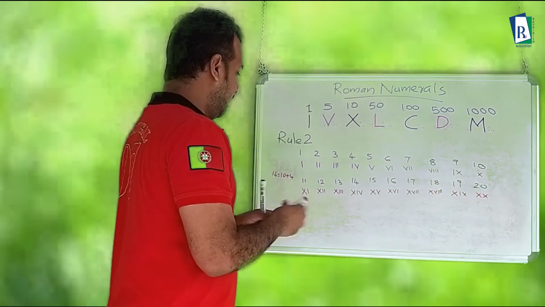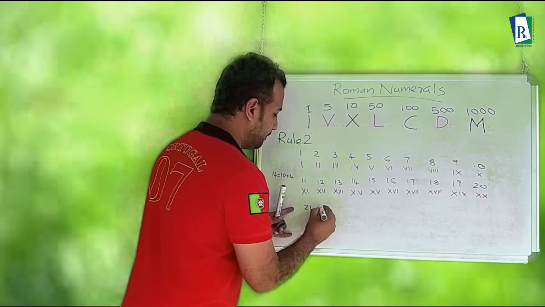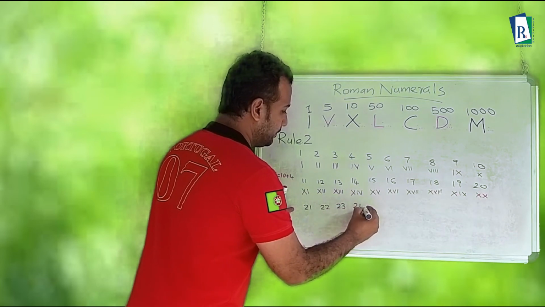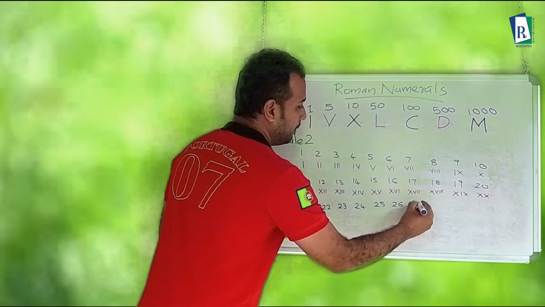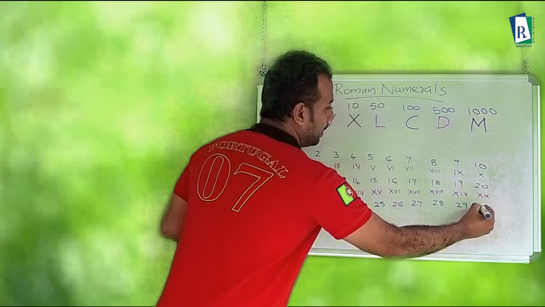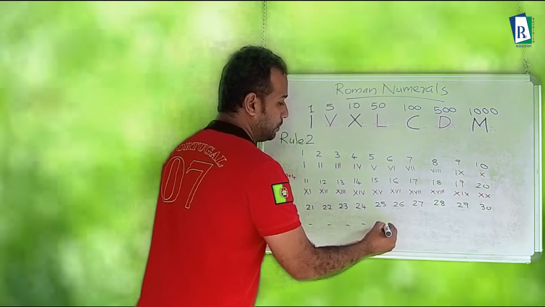Okay, then it is your chance. You want to write 21, 22, 23, 24, 25, 26, 27, 28, 29 and 30. You want to write all these numbers.